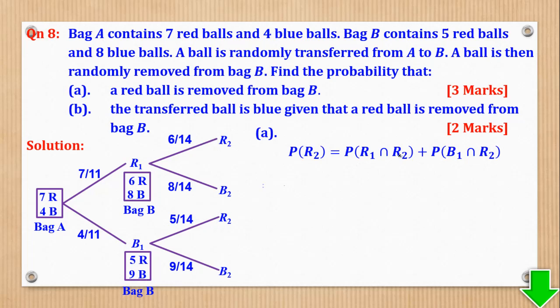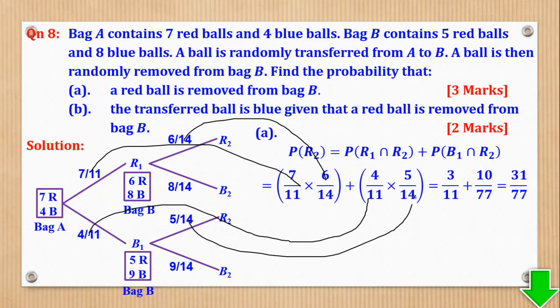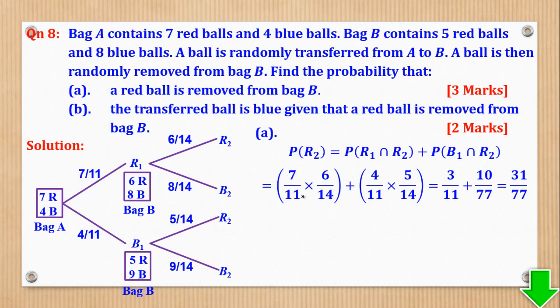So we substitute this times this and also this times this. This bracket gives you 3/11, this bracket gives you 10/77, to give you in the end 31/77. That is part A.